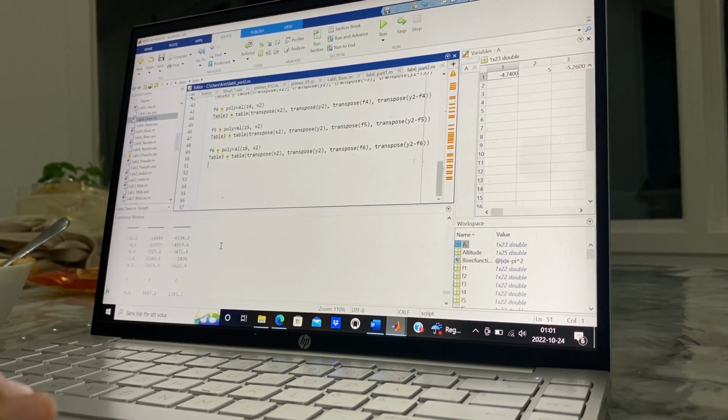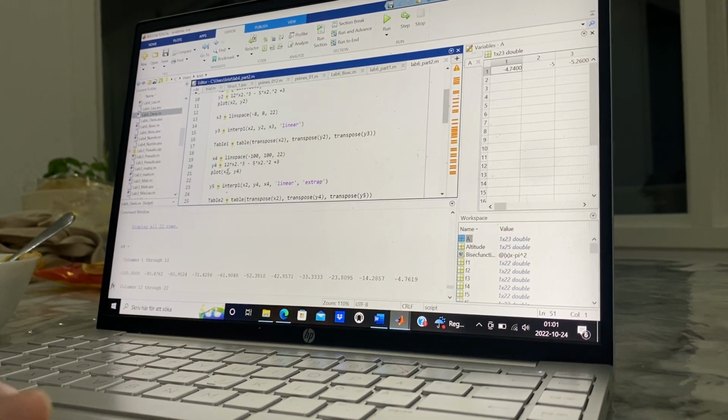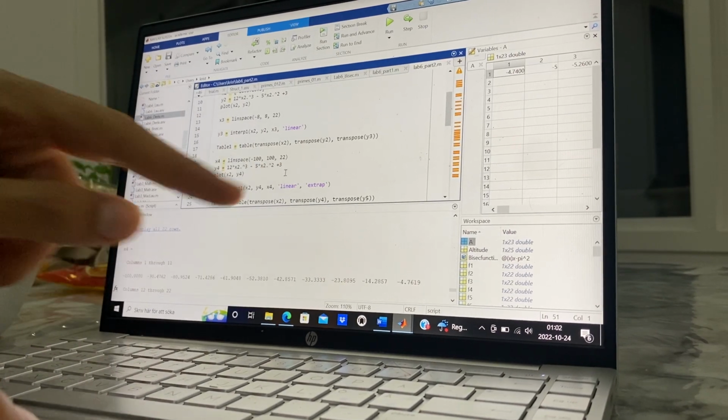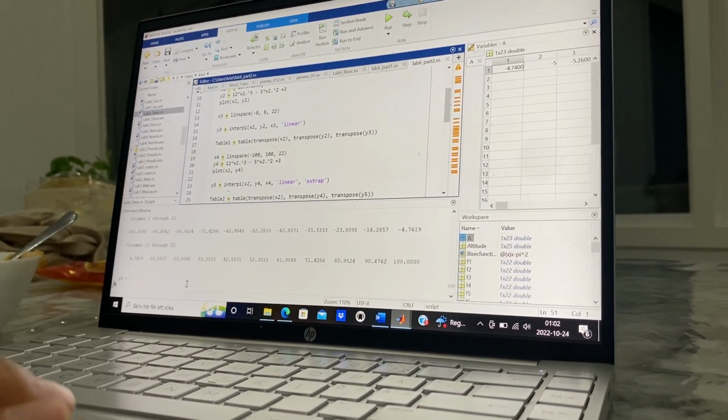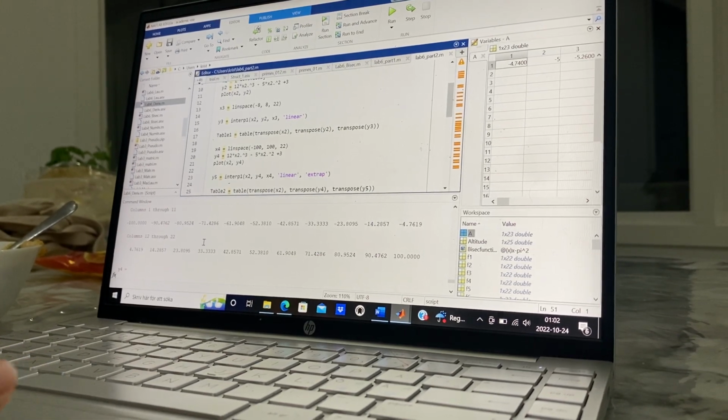Anyway, we went through this, so this is the x4. As we can see here, the linspace from minus 100 to 100 with 22 numbers in between. This is what we have here, 22 numbers from minus 100 to 100.